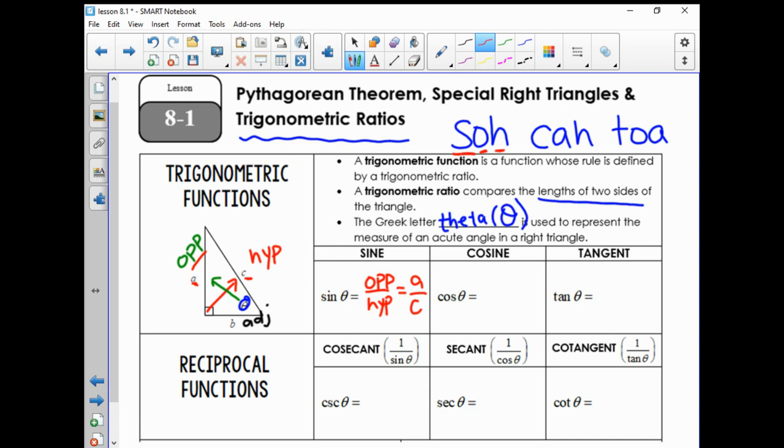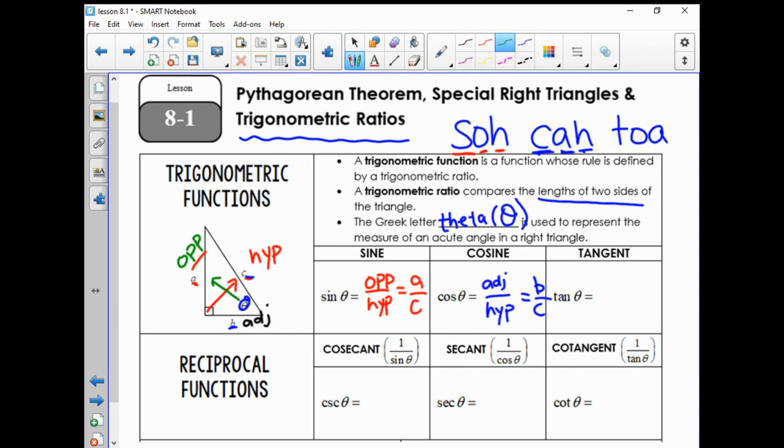All right, we do the same thing for our cosine. Our cosine of theta, so this cos stands for the cosine of theta. It is the adjacent over the hypotenuse. Okay, so the adjacent over the hypotenuse right there. So looking at our picture, our adjacent this time is our B, and our hypotenuse is still the C. So it's going to be B over C right there.